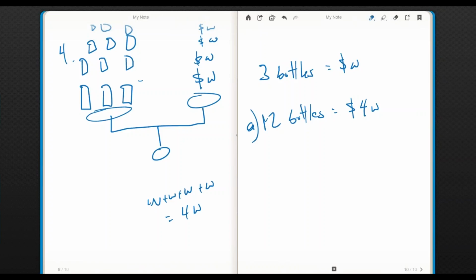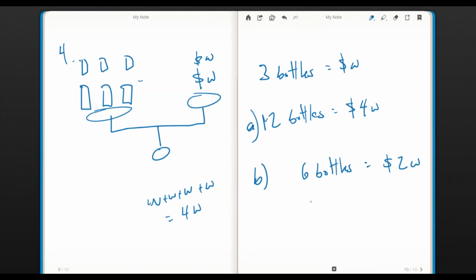If half a dozen cost $4, what's the value of W? Go back to our picture. Let's go back to a half dozen. That would be 6. For part B, I know that 6 bottles is equal to 2W. I also know, according to the problem, that that's equal to $4.